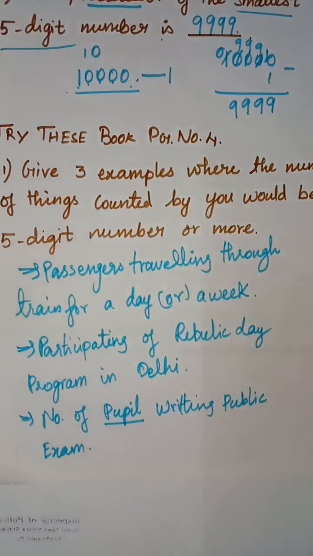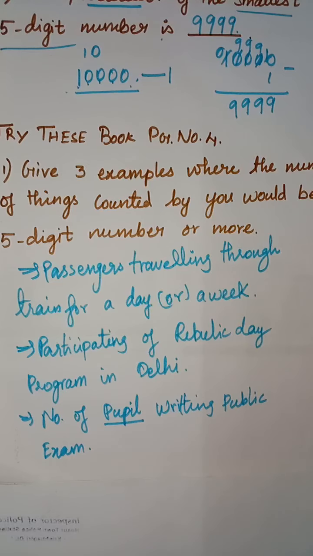Yes, more and more, lakhs and lakhs, 10 lakh students are writing. In the news, they often announce that 10 lakh students are writing, 12 lakh students are writing, yes, 8 lakh students are writing. So that is also based on 5-digit and above 5-digit numbers.